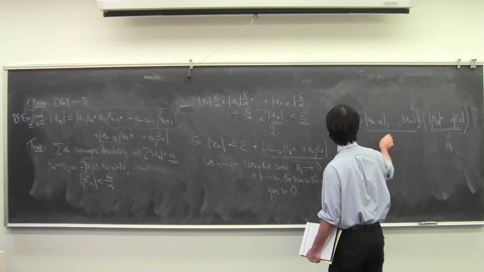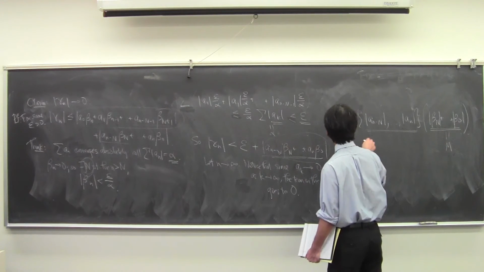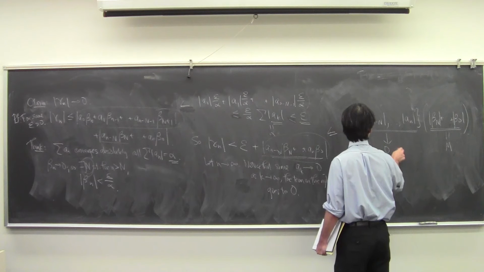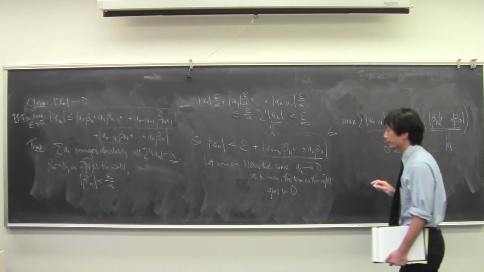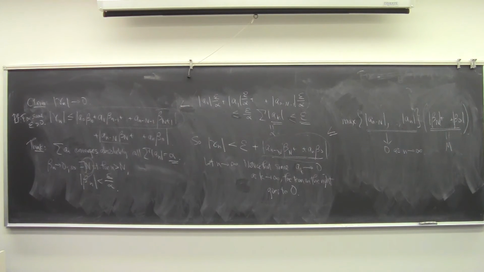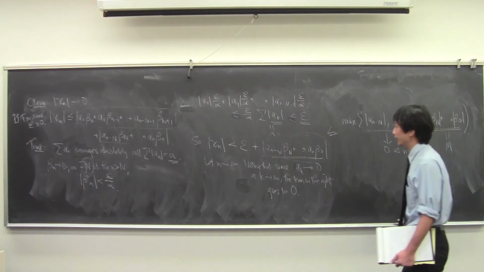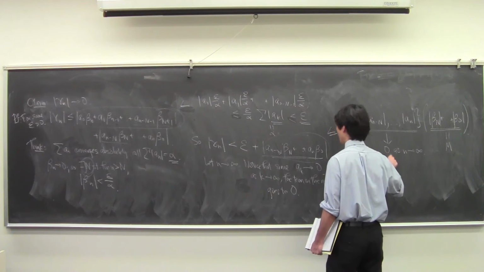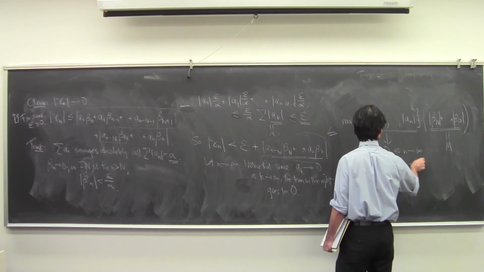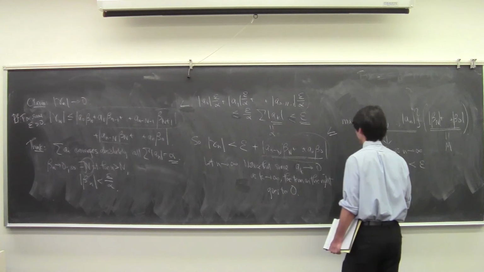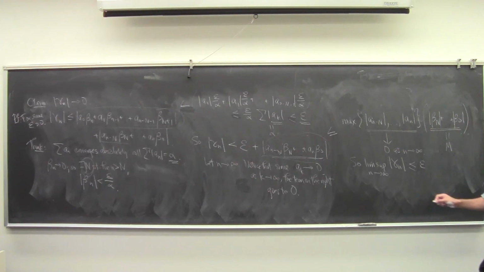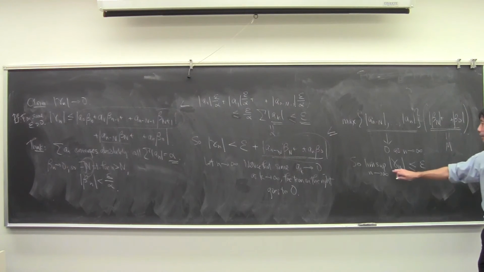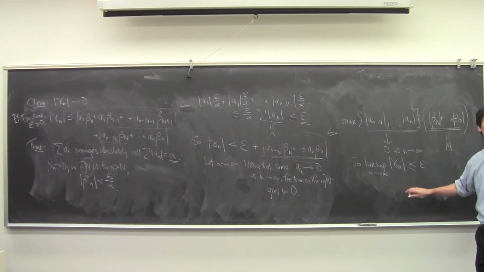So as n goes to infinity, this goes to 0. And so what you end up with is that the limsup of this thing is smaller than or equal to epsilon. Okay, but epsilon was arbitrary, and so we know that this is going to be 0.